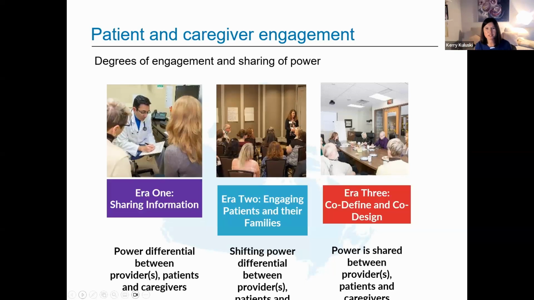When we move into era two, you start to see a little bit more sharing of power, the acknowledgement that we all have knowledge to bring to bear, and we start to have conversations about how we can build together, work together, but there's still not quite a shared equal power balance there. And era three, which is presumably where we would like to go, and it happens sometimes, but not always, is really where you see shared power amongst all people involved, where everyone feels valued.